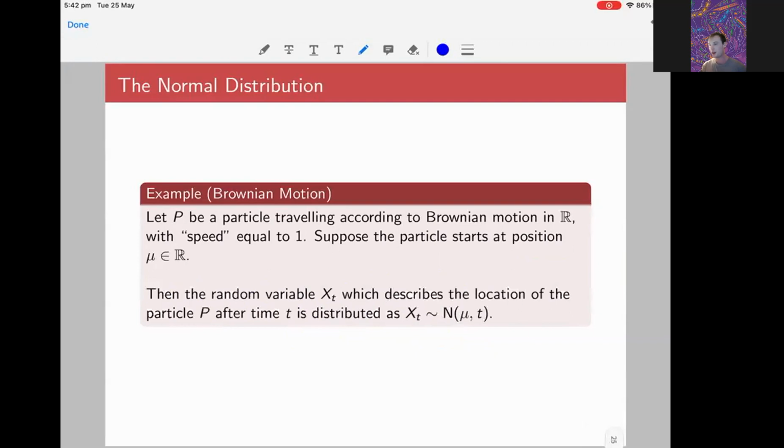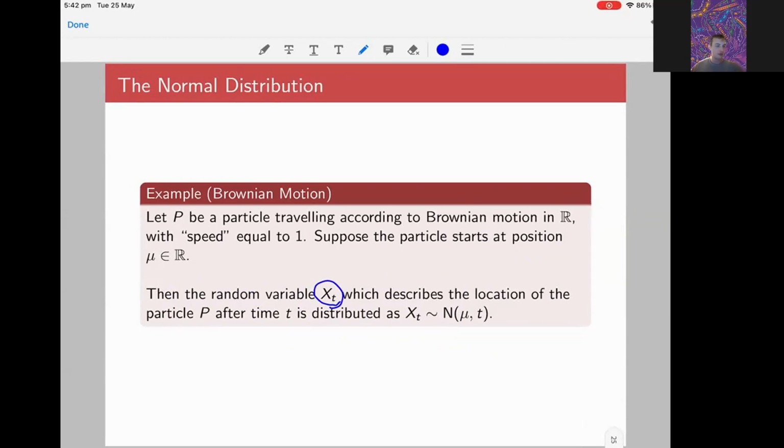What is this random variable? Well, it's precisely the location of this particle after some time t. So we've got a particle that starts at mu. We're going to let it evolve for some time t. And then we're going to consider the random variable x, or x sub t, just to emphasize that it does depend on our choice of time. So this random variable is basically just where this particle ends up at time t.